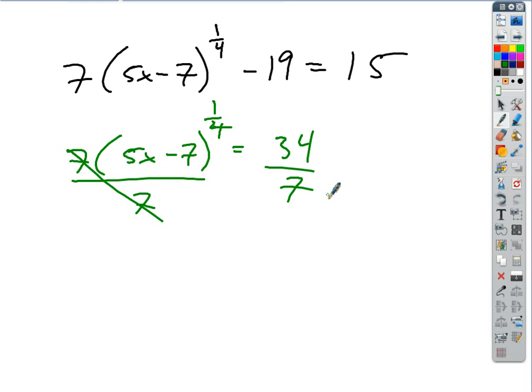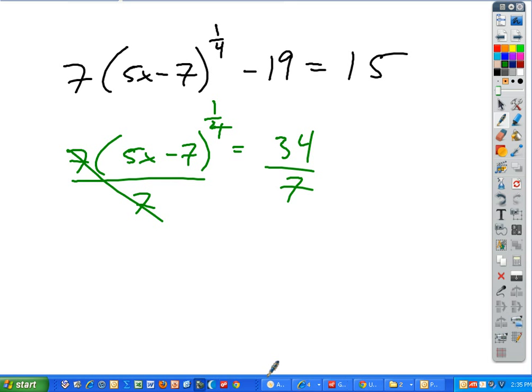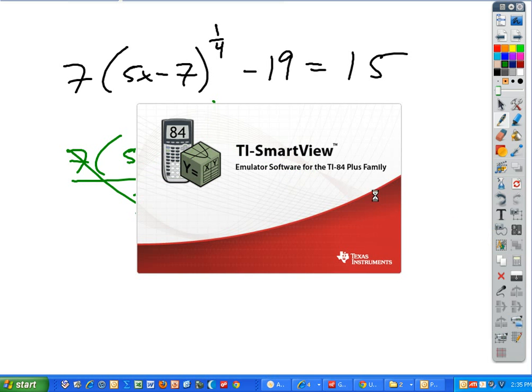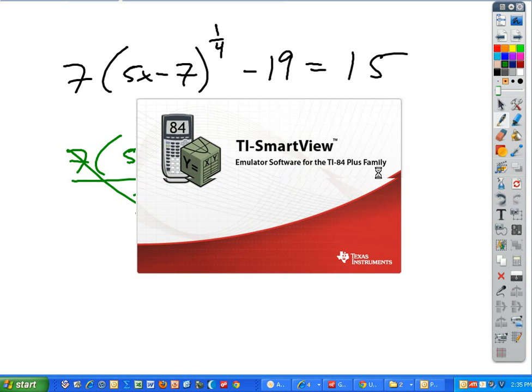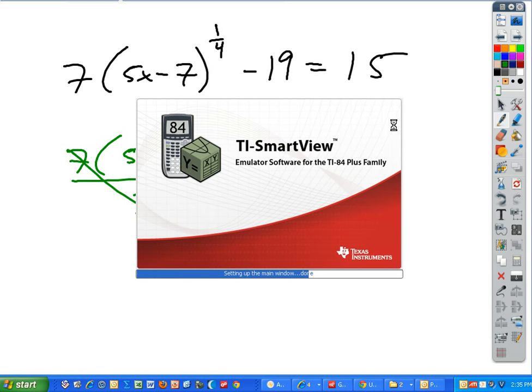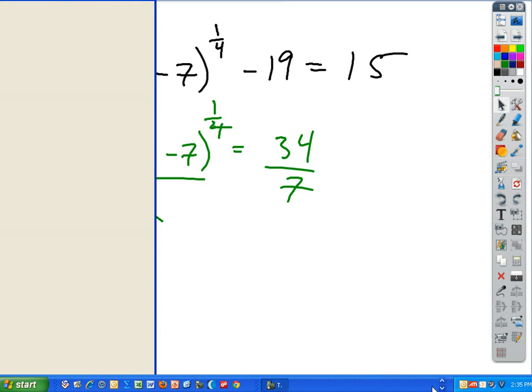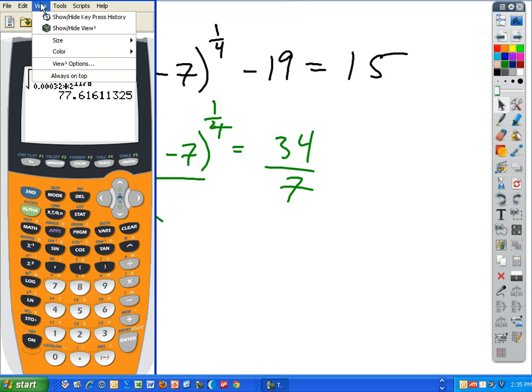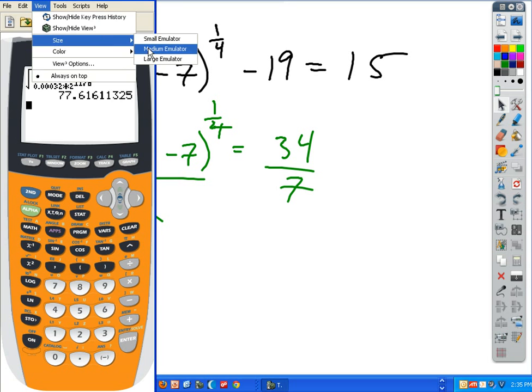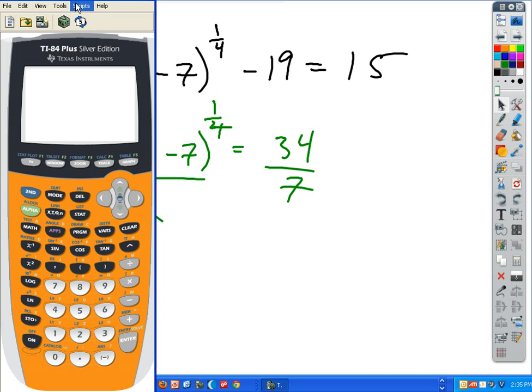If we were using a calculator to do this, which is probably good practice, I can just do this whole thing right in my calculator. So then I would have 34/7, right?